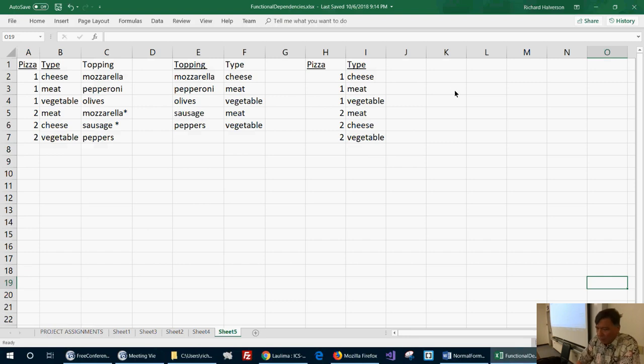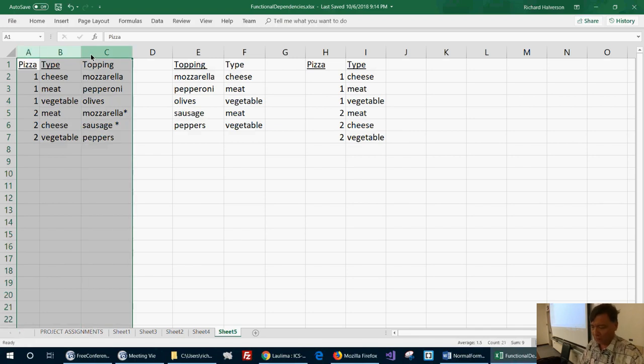But if we have this and this, we lose what the actual toppings are for each pizza, right? This tells us the types. This tells us which toppings are which types. But we still need something that tells us pizza 1 has mozzarella on it.